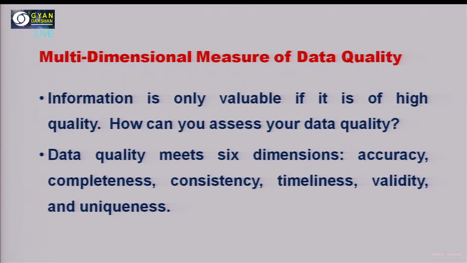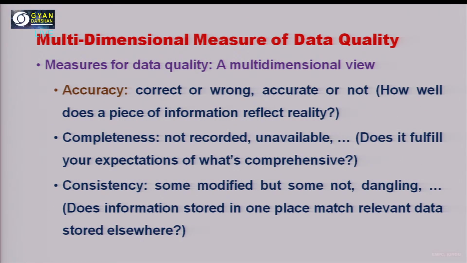You have many metrics, and I'm going to discuss a few of those dimensions here. These are 6 dimensions: accuracy, completeness, consistency, timeliness, validity, and uniqueness. When we talk about accuracy, we are looking at whether the data is correct or not.